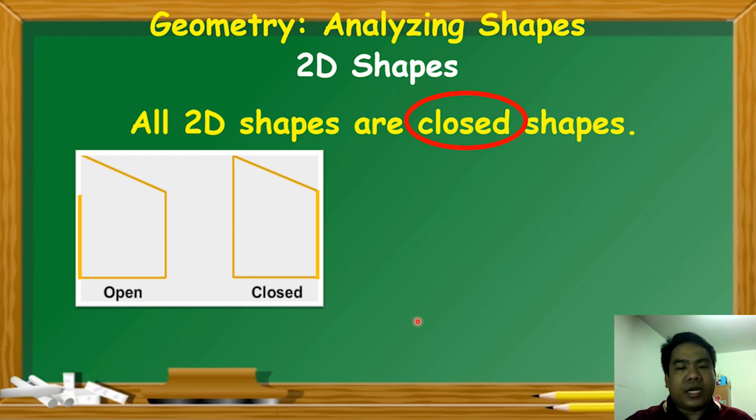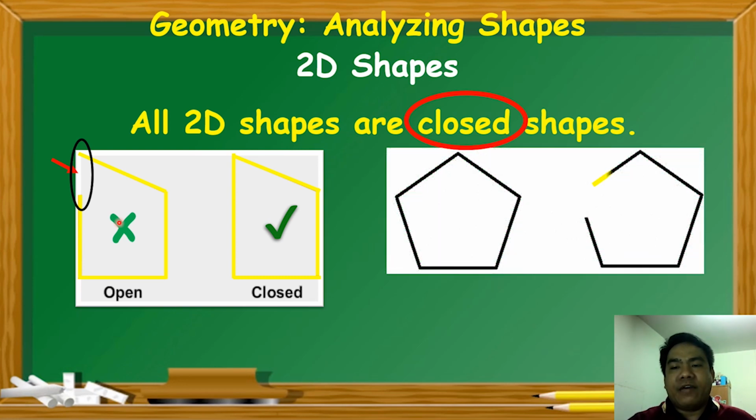So this one is open. One of the sides is open, so this is not a 2D shape. This one is closed, so this is a 2D shape.